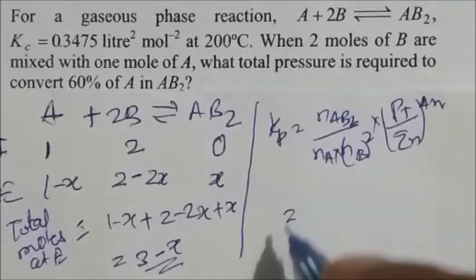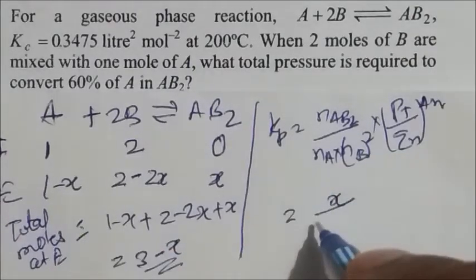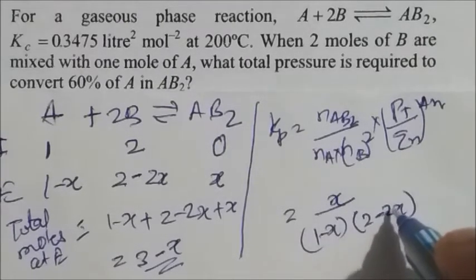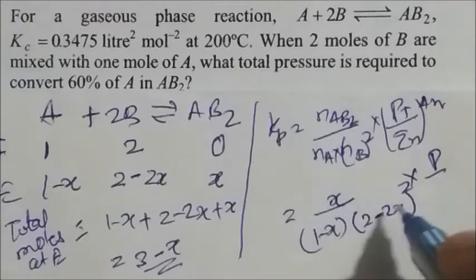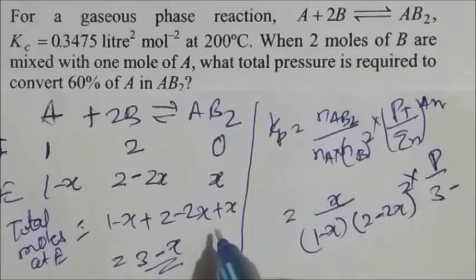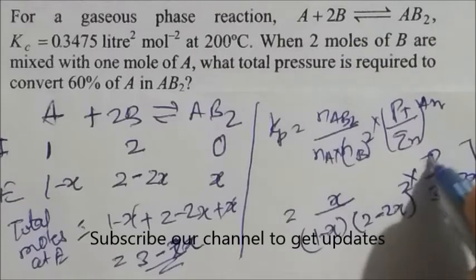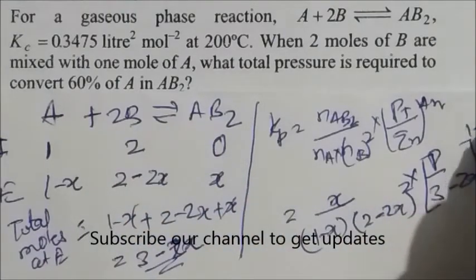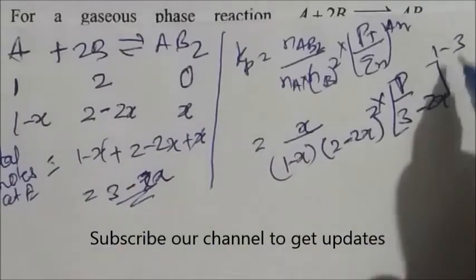If you apply this, Kp will be equal to x for AB2, 1 minus x for A, and 2 minus 2x for B, squared, multiplied by the pressure P, and the total moles is 3 minus 2x, please make the correction, 3 minus 2x, whole. Delta n is 1 minus 3, so it becomes minus 2.